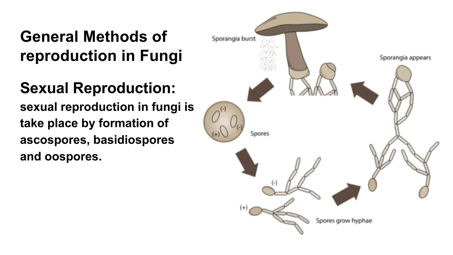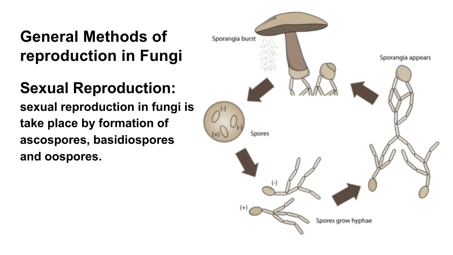General method of reproduction in fungi. Sexual reproduction in fungi takes place by formation of ascospores, basidiospores and oospores. You can see here in the diagram. Sporangia burst.